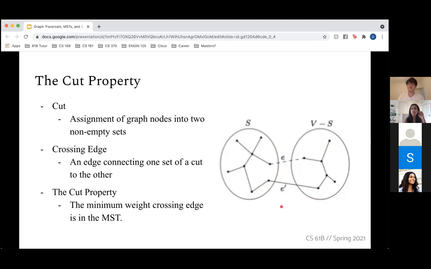So because we need to have an edge within our crossing edges in the MST, the cut property will still apply, regardless of whether each set has already been constructed as an MST or not.